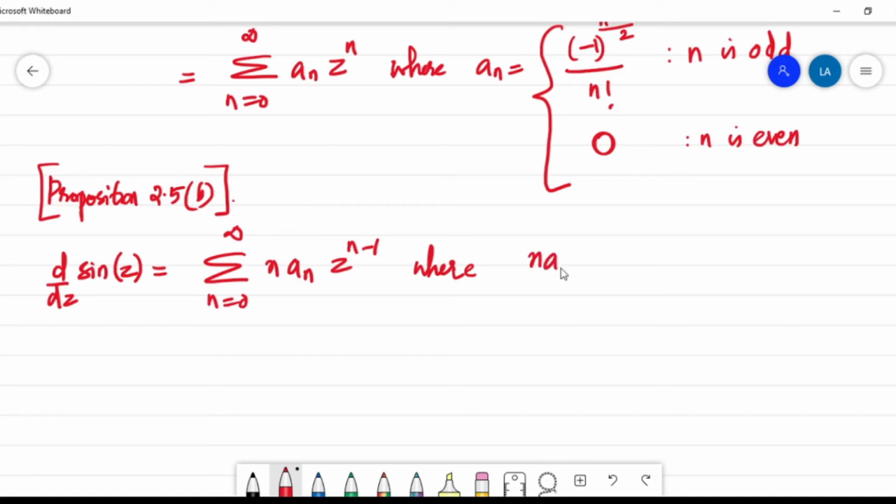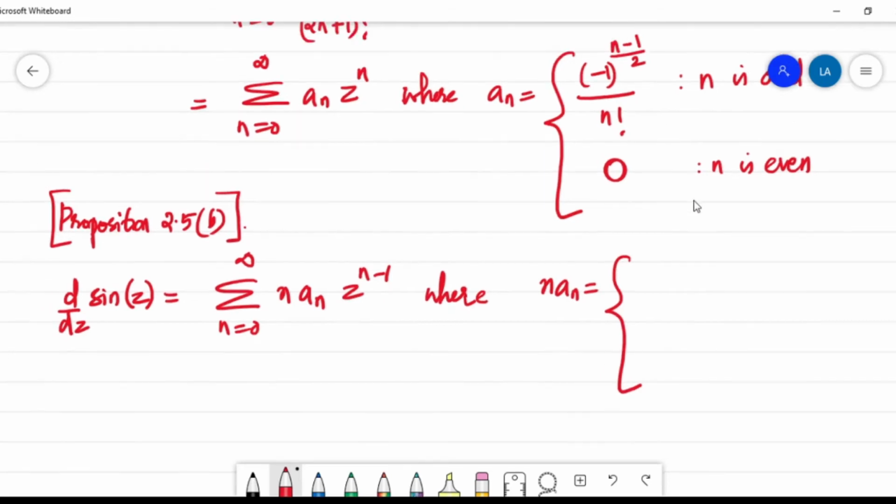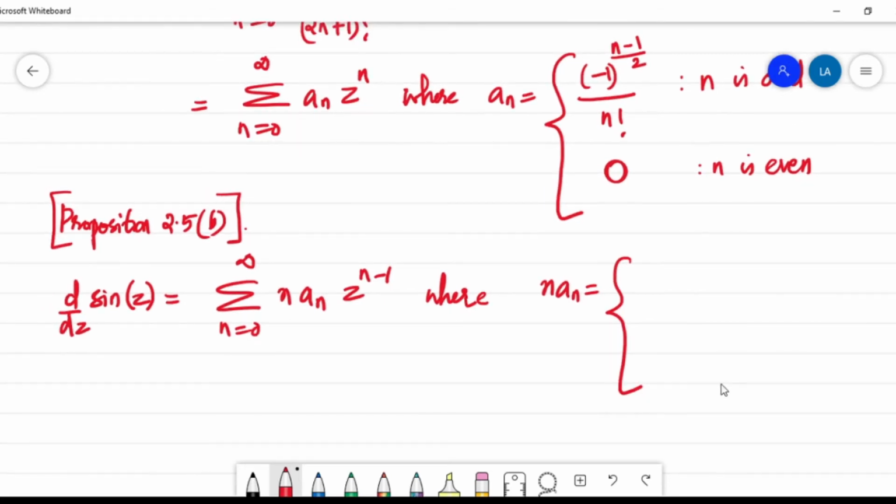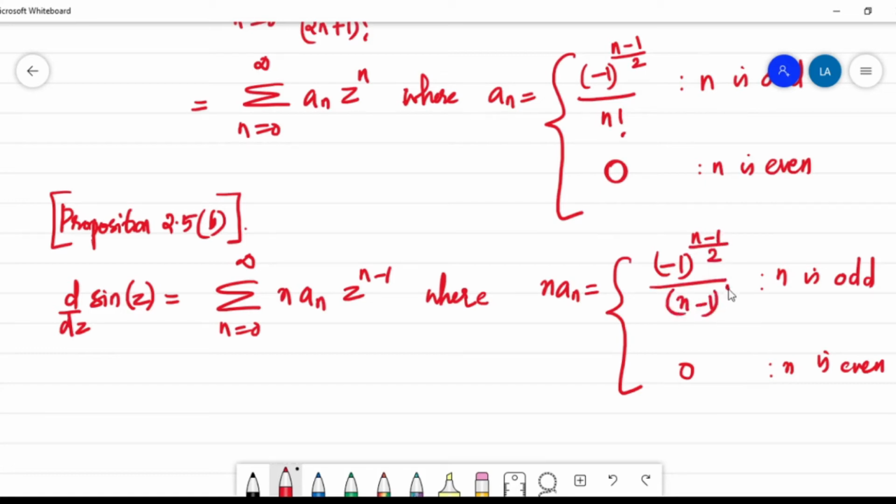The coefficient will be n into a n, which is equal to, just see, n is odd here and n is even here, and in the case of even it's 0, and in odd we are multiplying it with n, so we will have minus 1 the whole raised to n minus 1 by 2 divided by n minus 1 factorial.